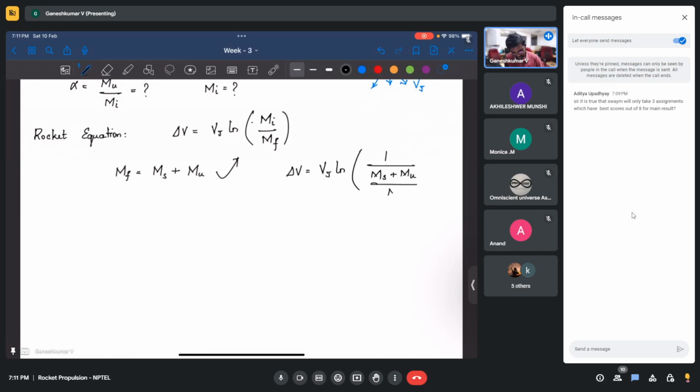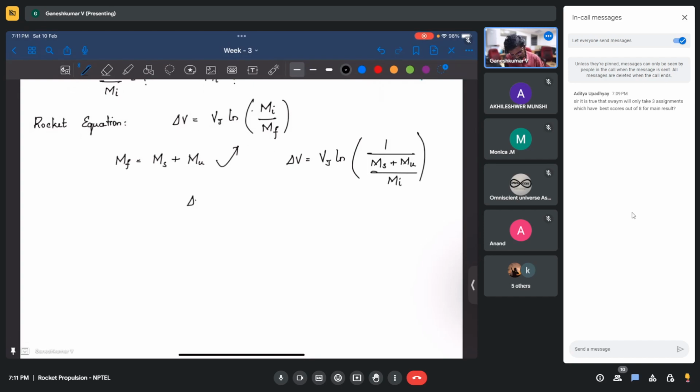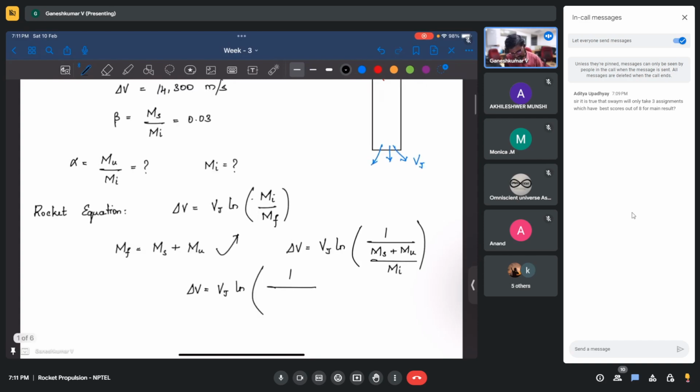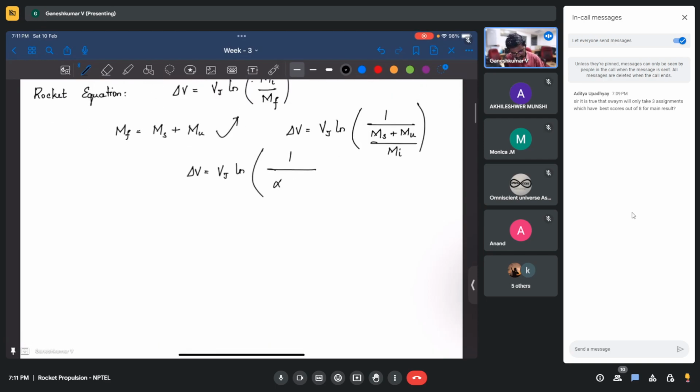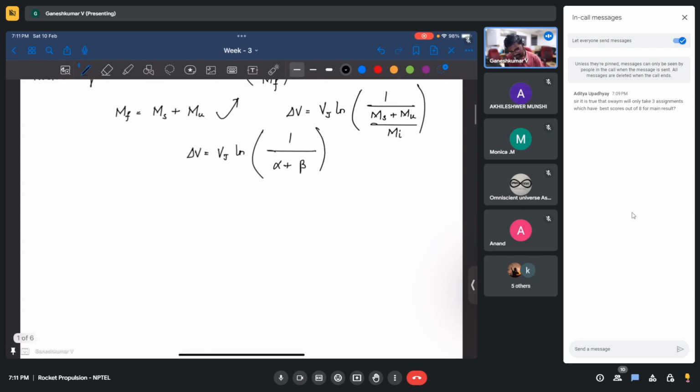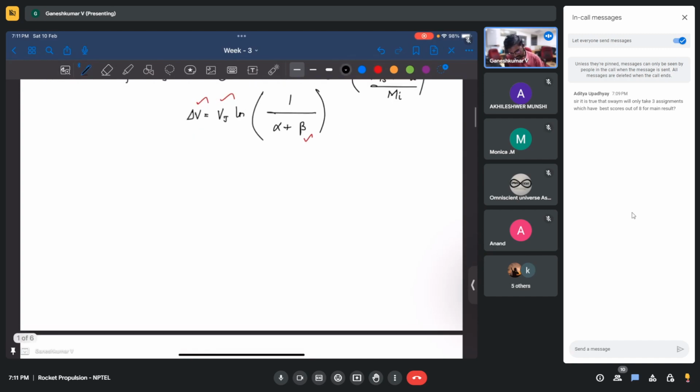You can divide by Mi, and write this as Vj into natural log of 1 divided by (Ms by Mi is beta, and Mu by Mi is alpha), so simply alpha plus beta. Now we know delta V, Vj and beta, so we can find alpha from here, so we can quickly find the payload mass ratio.